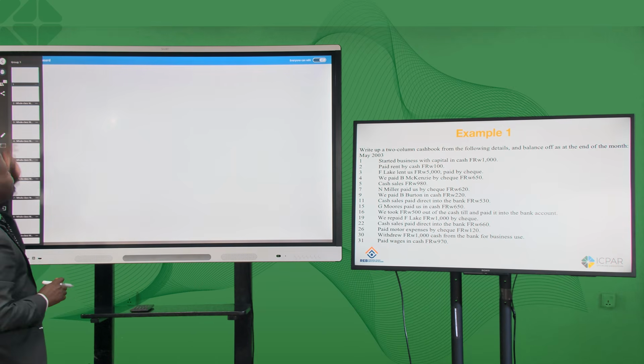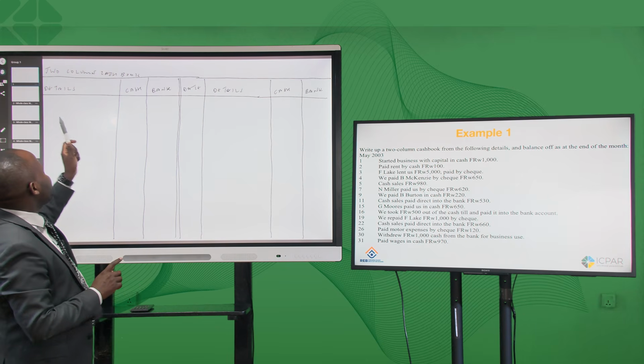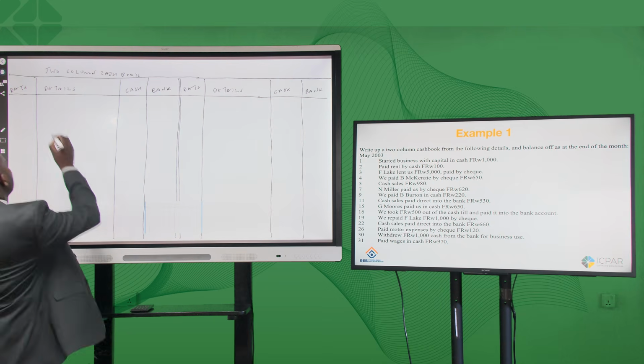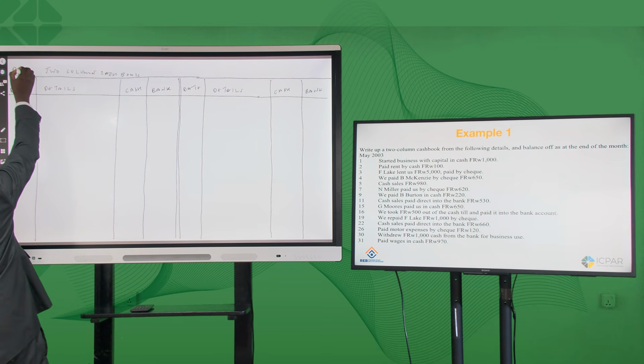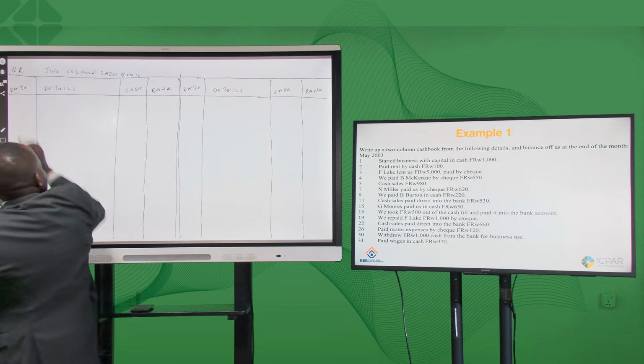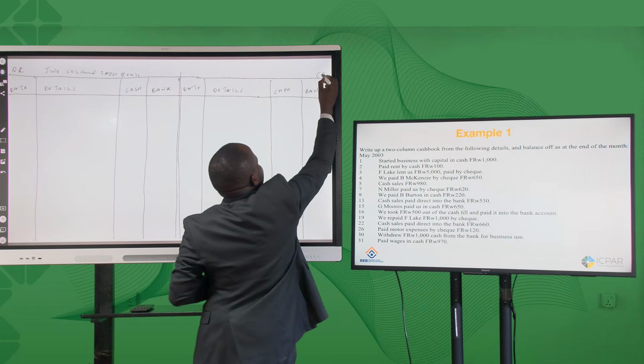We recall that in a 2-column cash book, there is a debit side, the side of receipts, and this other side is called credit.